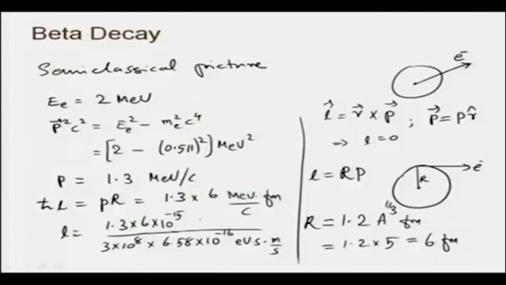So, let me write mega electron volt as 10 power 6 electron volt, and Fermi we already converted into meter. So, that is actually equal to meter. So, the units are the same for numerator and denominator, and therefore, as expected, L is a dimensionless number. So, this is the angular momentum in units of H cross.